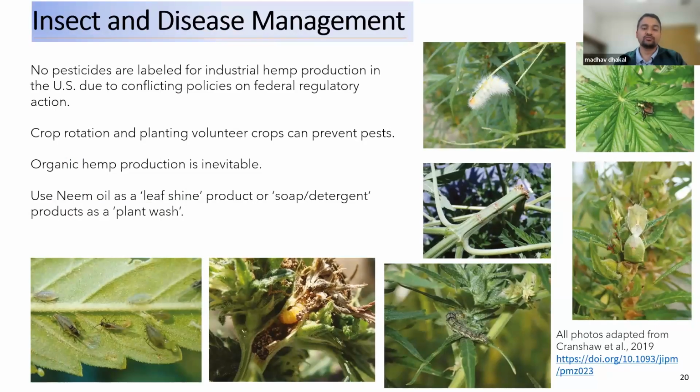Similarly, weeds are not the only problem in hemp. When we are going for commercial production of hemp, of course, there are many other factors that we need to deal with, such as insects and diseases. These are some photographs that I adopted from the publications of Krantz et al. and his team.